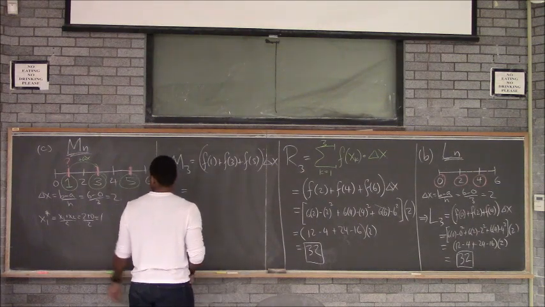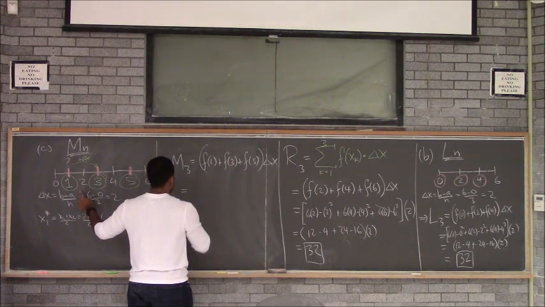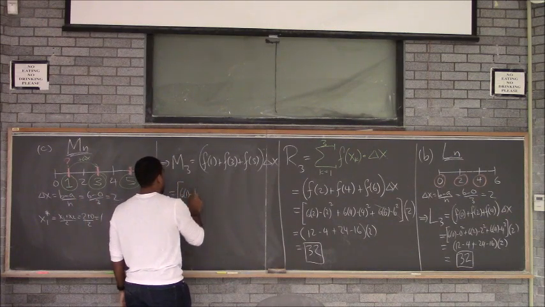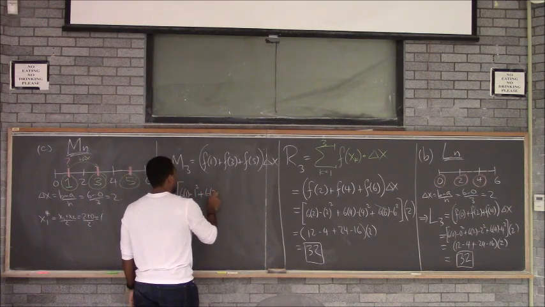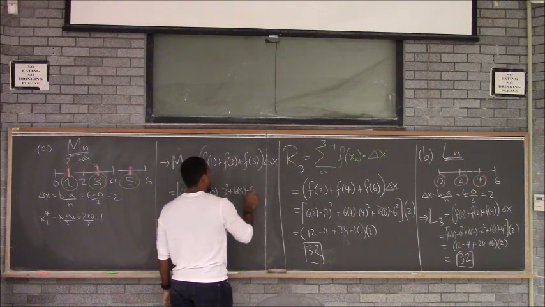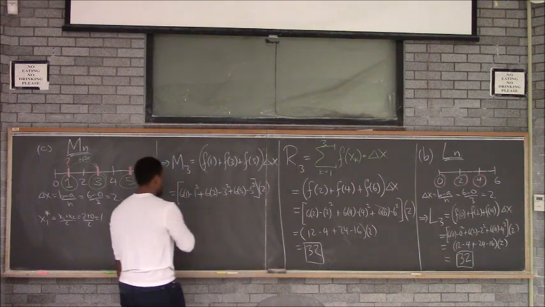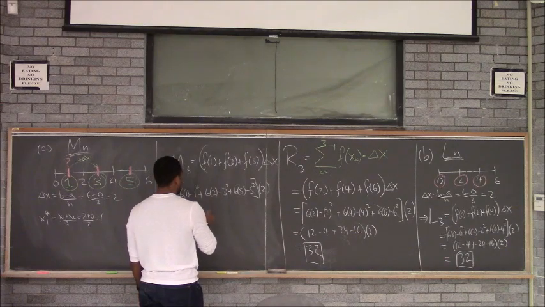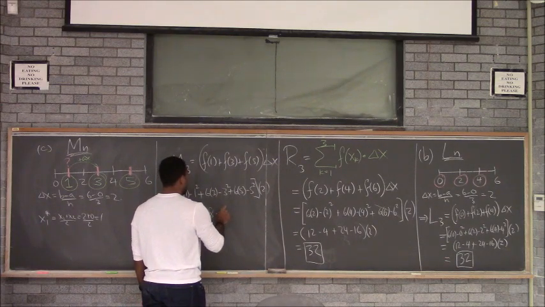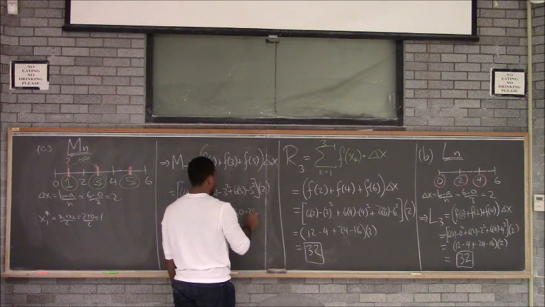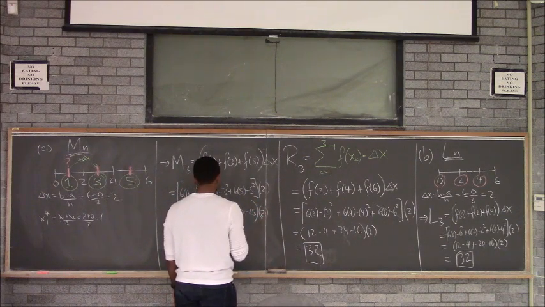And you're going to just plug this into the function. 6 times 1 minus 1 squared plus 6 times 3 minus 3 squared plus 6 times 5 minus 5 squared, times 2. That is 6 minus 1 plus 18 minus 9 plus 30 minus 25, times 2.